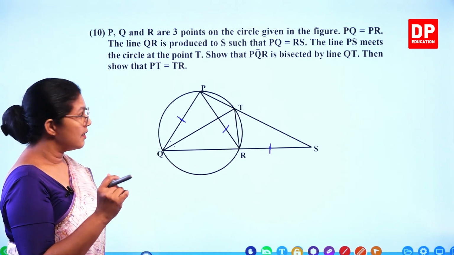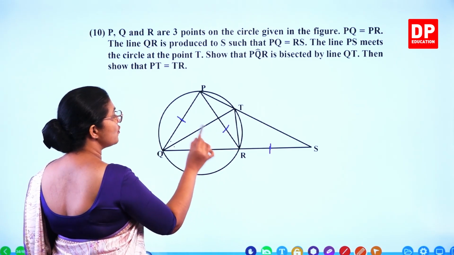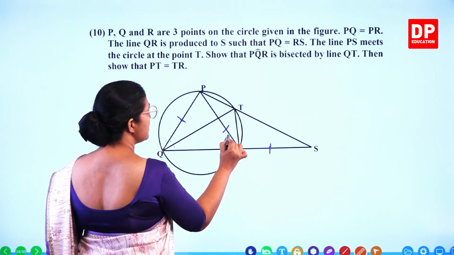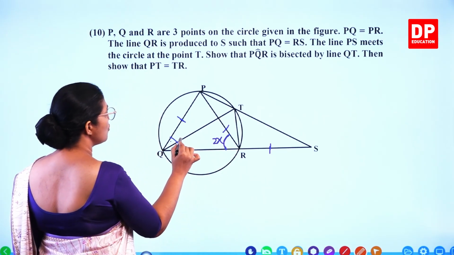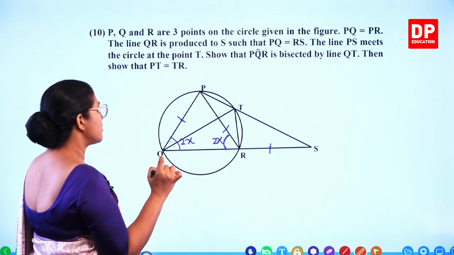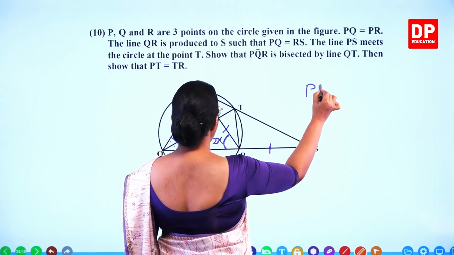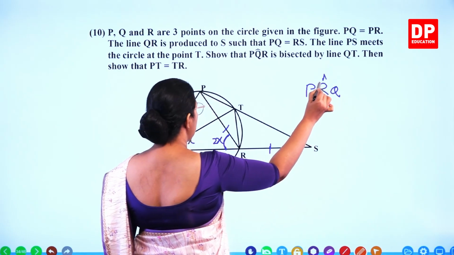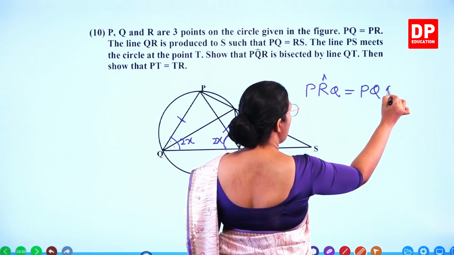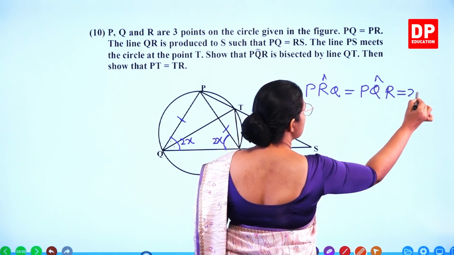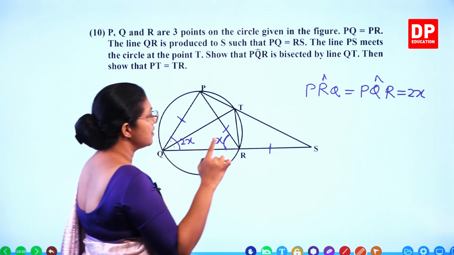So let's take triangle PQR. This is an isosceles triangle. If this is 2x, this is also 2x. So let's write down that first. Angle PRQ is same as angle PQR. We'll put 2x because isosceles triangle.